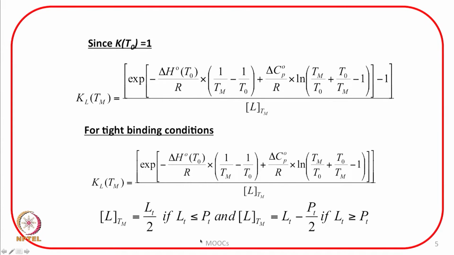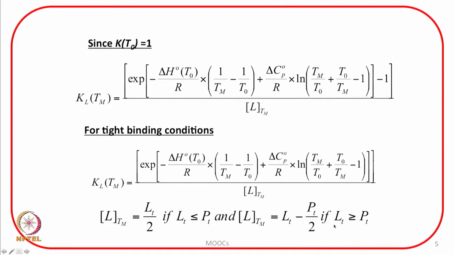Now, let us take a look at the next comment, that the ligand concentration at Tm is equal to Lt minus Pt divided by 2 if the total ligand concentration is much higher than protein.